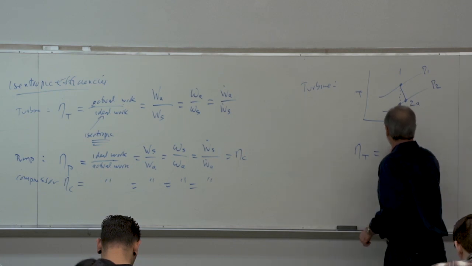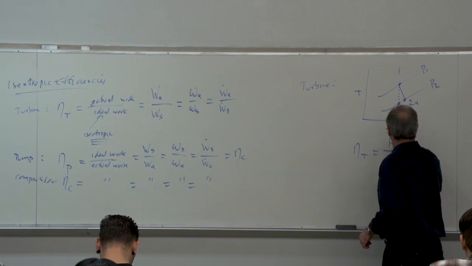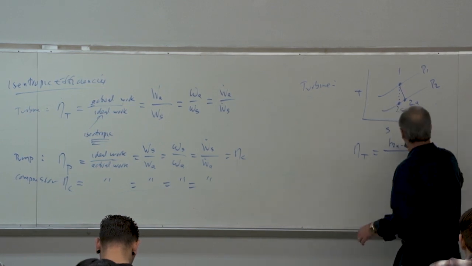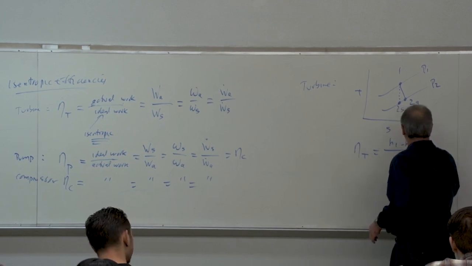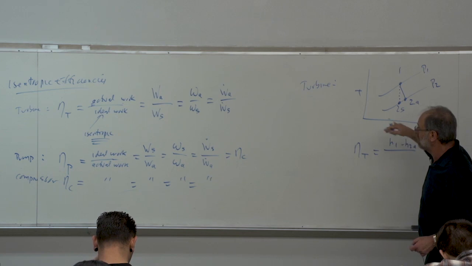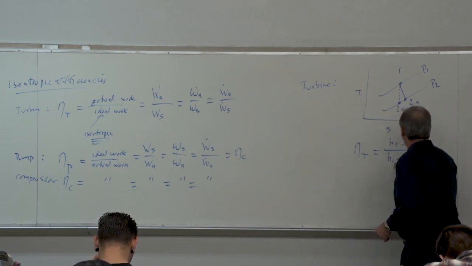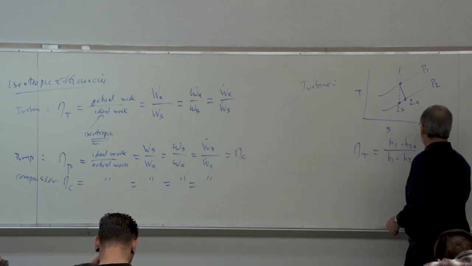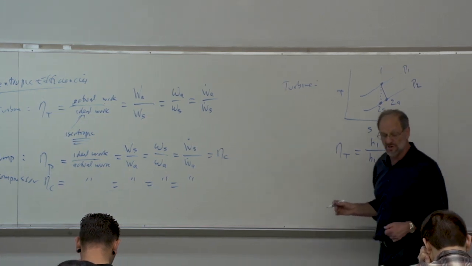So on a per unit mass basis, the actual work is just going to be H1 minus H2 actual. So remember, the numerator is the actual work, and in the denominator is the ideal work. Here we're going from point 1 to 2S. So this will be H1 minus H2S. Okay, so this is the equation we would use for a turbine.